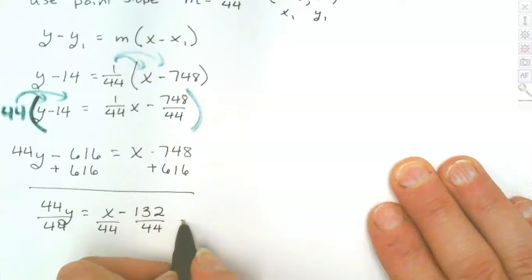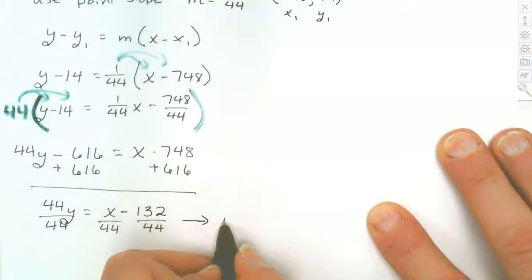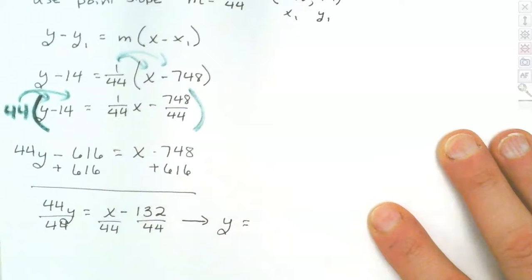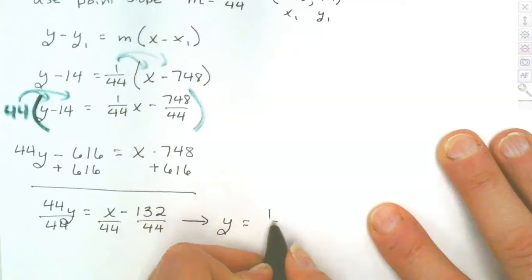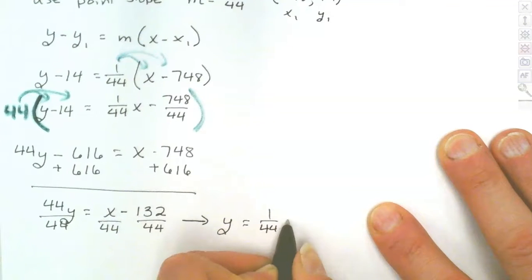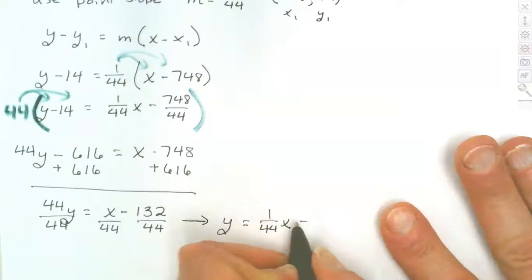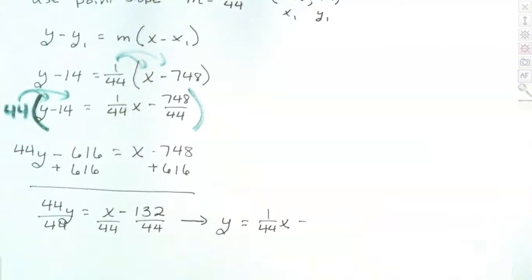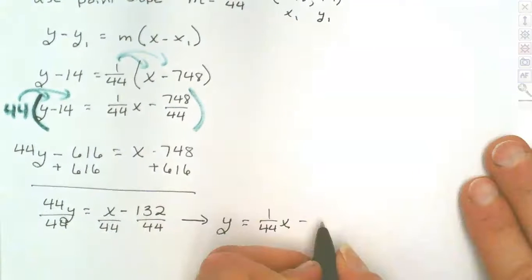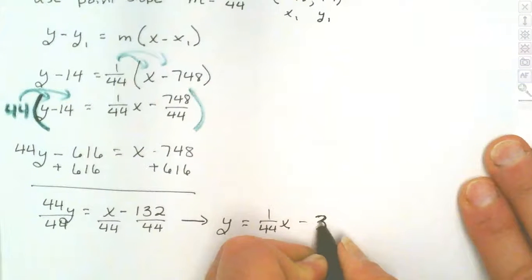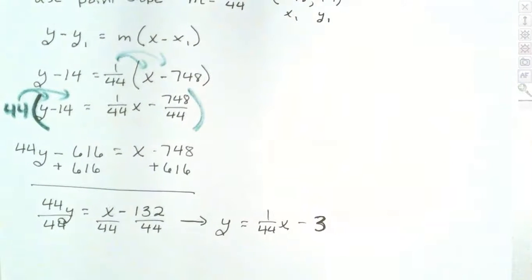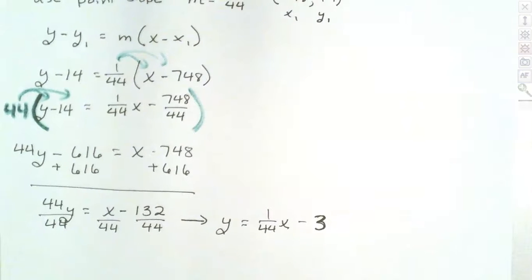And we want to reduce this down as far as we can. So that gives us then y equals 1 over 44x minus 3. Because 132 divided by that 44 makes it a 3.